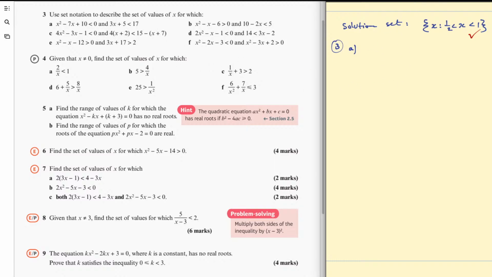So let's do C. C, we have 4x squared take 3x take 1 less than 0. And 4 multiplied by x plus 2 is less than 15 take x plus 7.